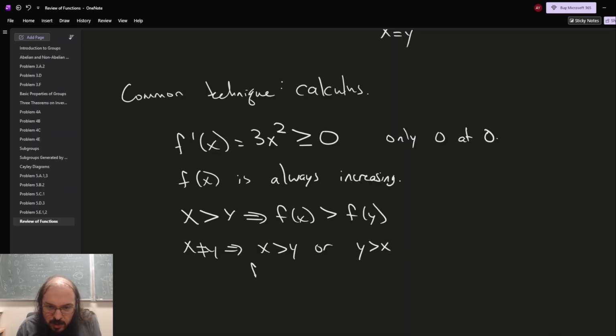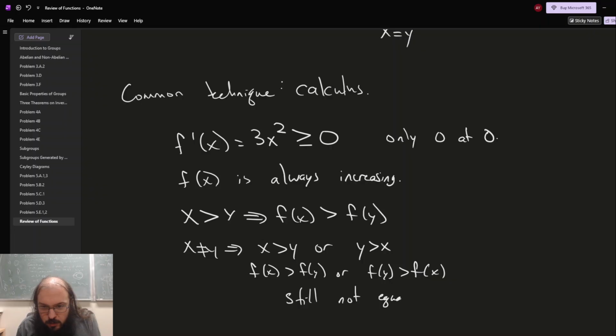And in either case, these are also not equal. So in other words, a function which is increasing is always injective. This is just one of those things that's super helpful to just know.